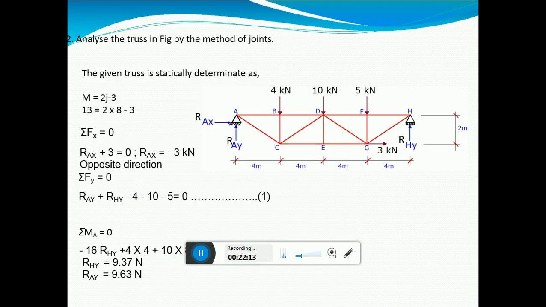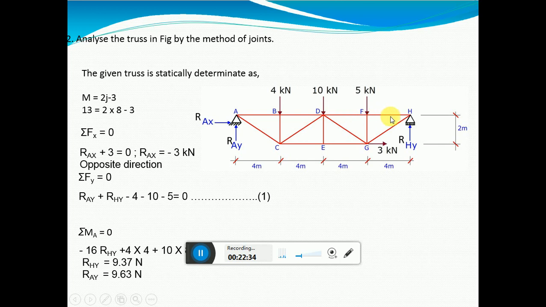Then you will be able to understand it better. Okay, we'll move on to the next problem: analyze the truss in the figure by the method of joints. How will you find whether the given truss is statically determinate or indeterminate? M is equal to 2j minus 3.